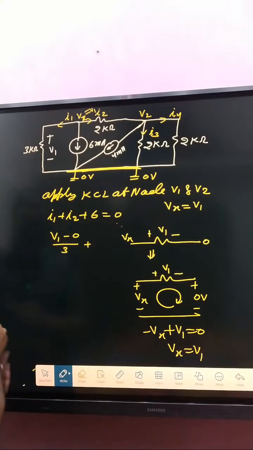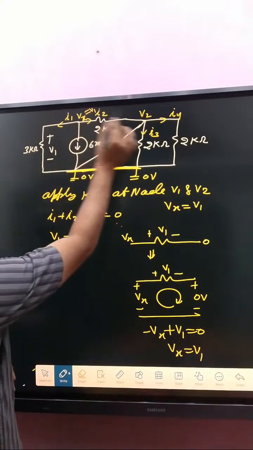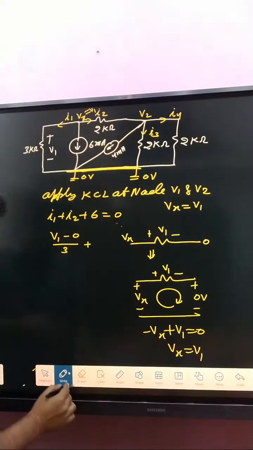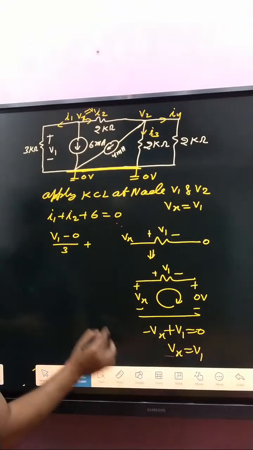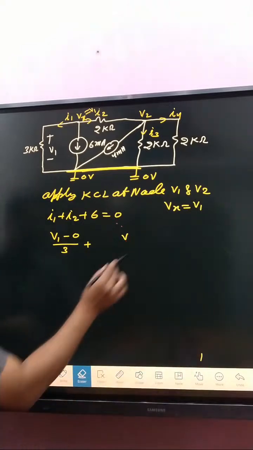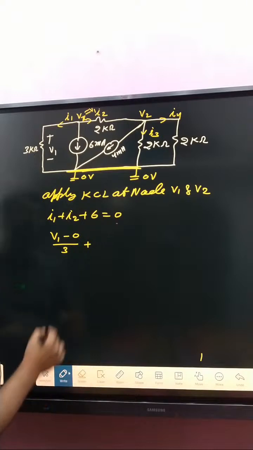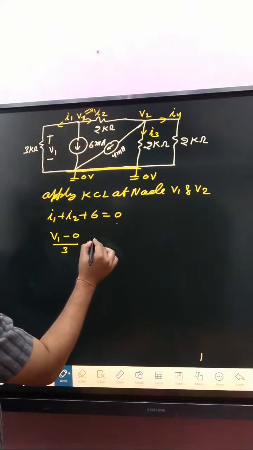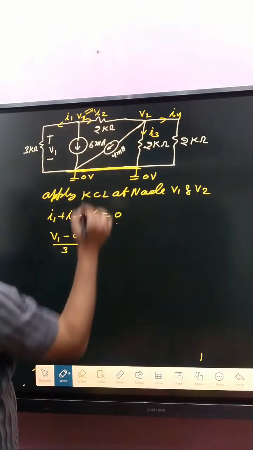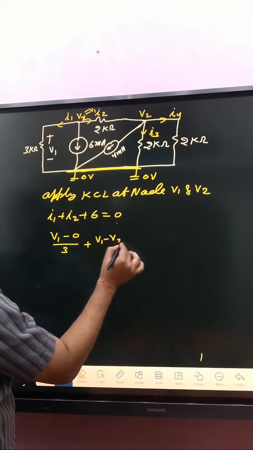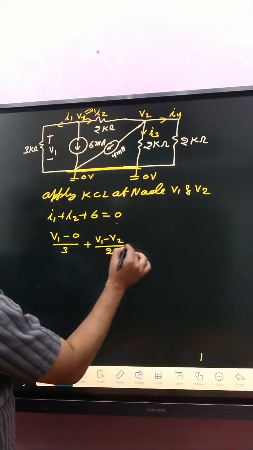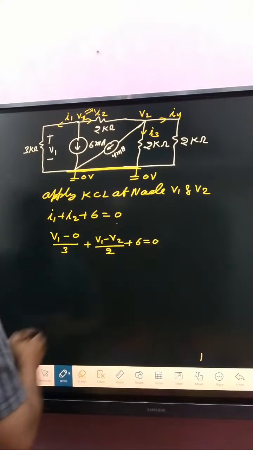Plus what about I2? I2 is written as V1 minus V2 by 2. Okay, so you can remove here that one and that one. Now that is how much? V1 minus V2 divided by 2 plus 6, this is equal to 0.